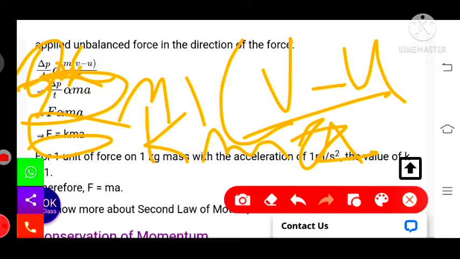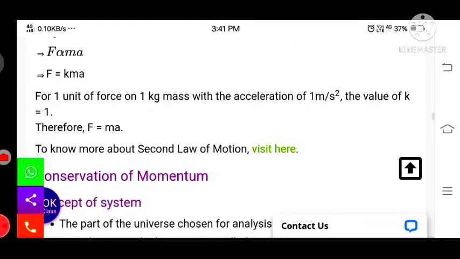It means that the force is kma. For 1 unit of force, 1 kilogram mass with the acceleration of 1 meter per second square, the value of k is equal to 1.